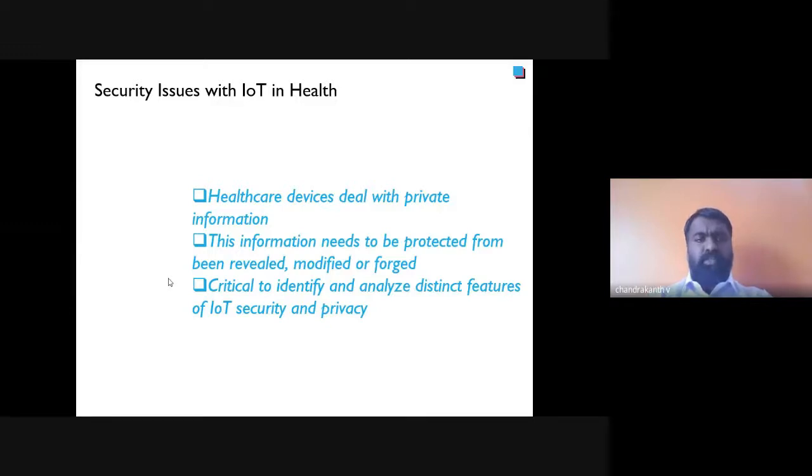If somebody could hack into such a device, he'd be able to cause a lot of damage to the patient by injecting an overdose. So security has to be taken care of, with encryption and algorithms, and people are working on all those also. The information needs to be protected from being revealed, modified, or forged, and it is critical to identify and analyze distinct features of IoT security and privacy.